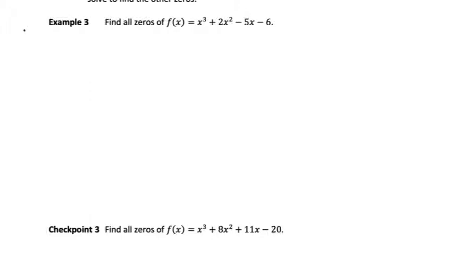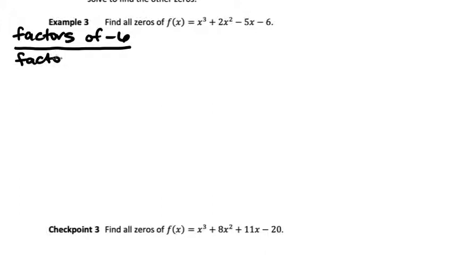My first step when I'm doing this problem is to find the possible zeros. So I do factors of the constant, which is -6, divided by factors of the leading coefficient, which is 1. Factors of -6 include 1 and 6 and 2 and 3.